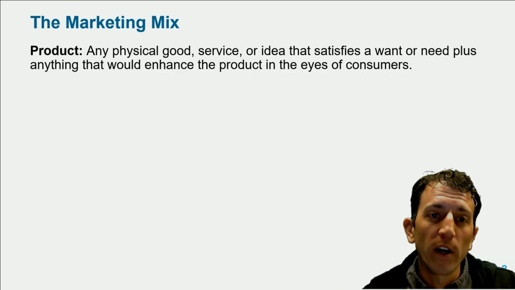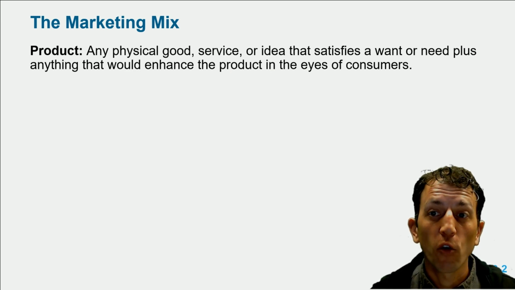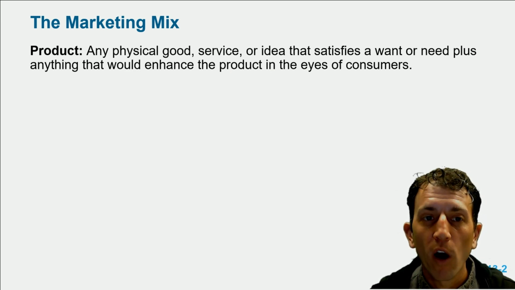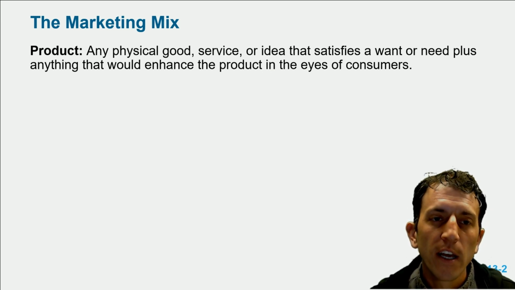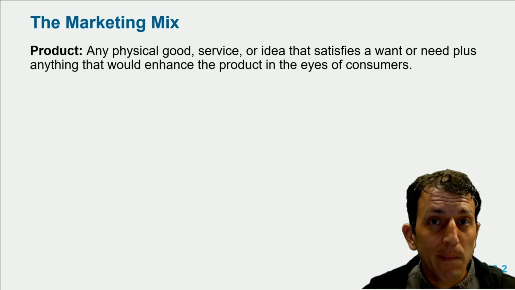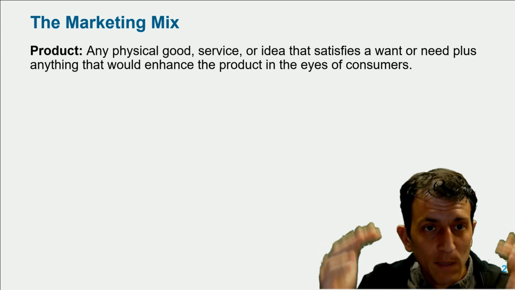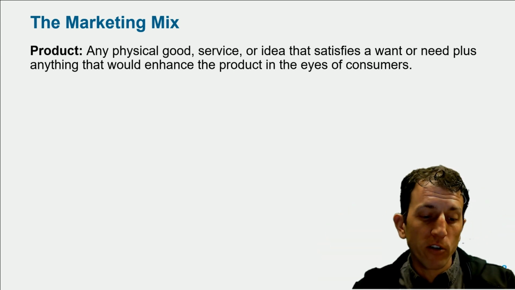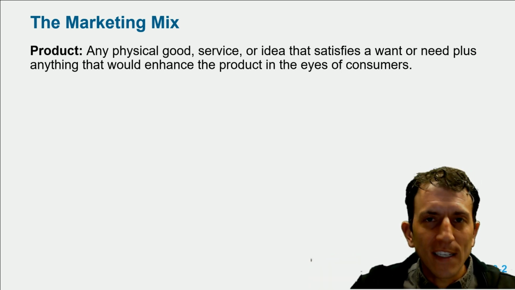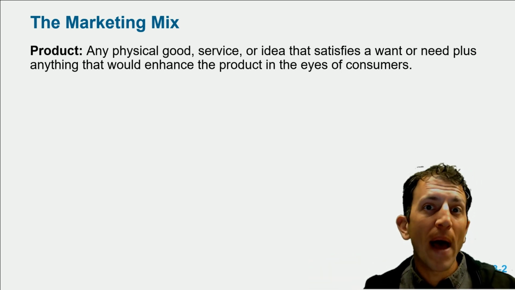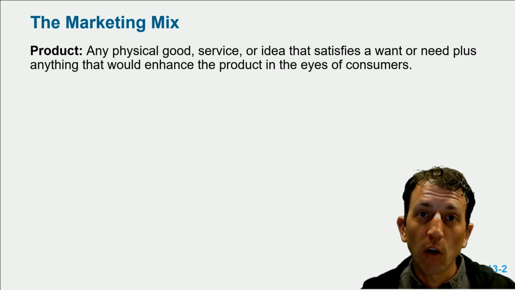The first one is product: any physical good, service, or idea that satisfies a want or need, plus anything that would enhance the product in the eyes of the consumer. Let's think about an iPhone here. We'll take that example for all 4 of these. With an iPhone, you need the product itself, right? It has certain sensors in it, the screen size, the battery life, the warranty.